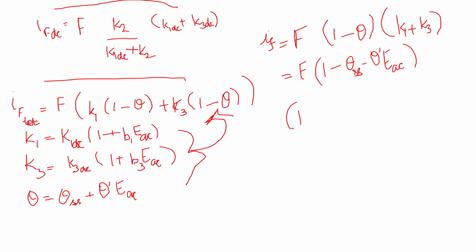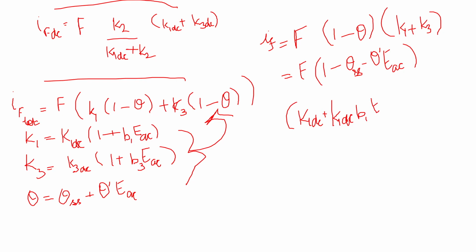If I elaborate it, I'll get this as K1 DC plus, that is K1 plus K3. So I'm just elaborating K1. K1 is nothing but K1 DC into 1 plus B1 EAC. So I'm writing K1 DC plus K1 DC B1 EAC.